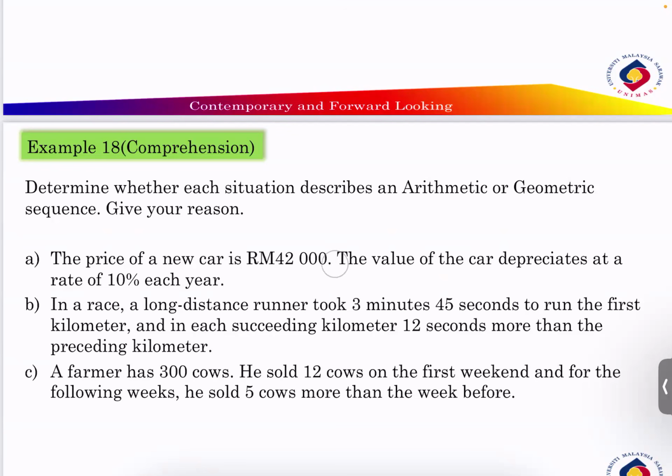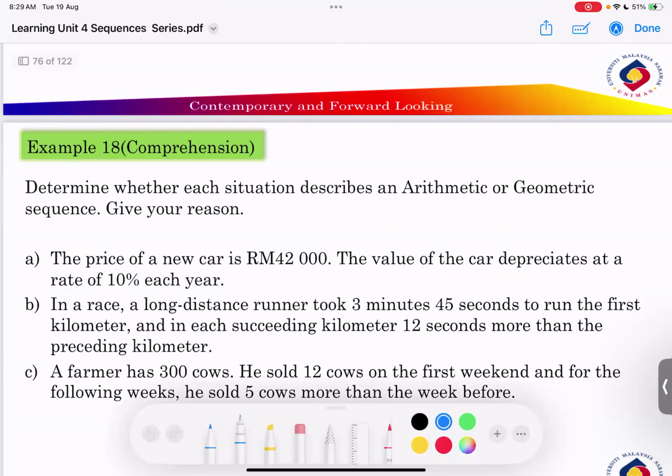You have to know that the price of the car is 42,000, but it depreciates, meaning that it's going down and getting cheaper each year by 10%. Think about whether it is arithmetic or geometric. It's getting less each year by 10%.